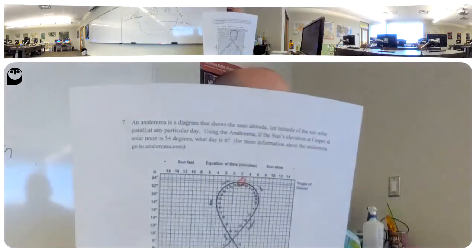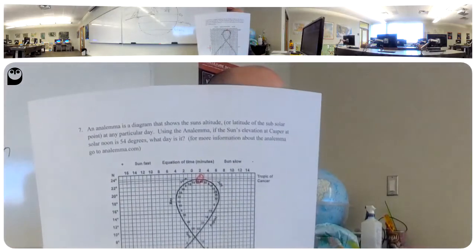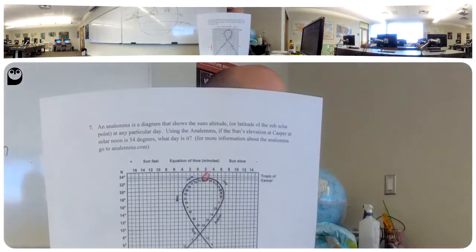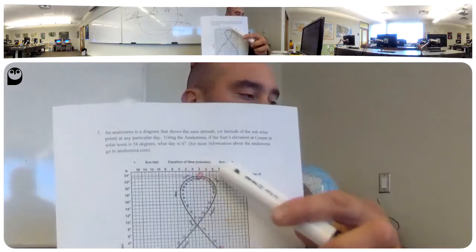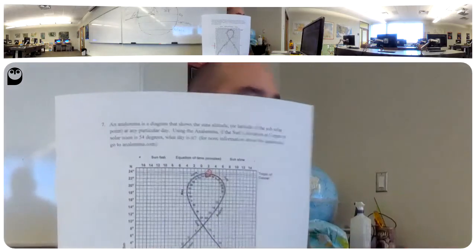I believe that's correct. That is why, if you look on your analemma, there is sun fast and sun slow. Those numbers at the top here are in minutes.